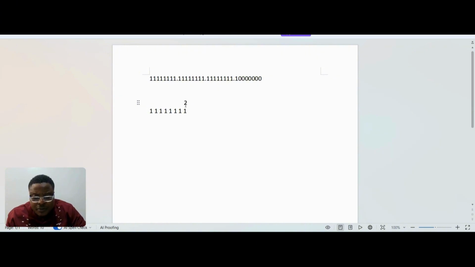We start from here with 2 raised to power 0, then 2 raised to power 1, 2 raised to power 2, 2 raised to power 3, 2 raised to power 4, then 2 raised to power 5.